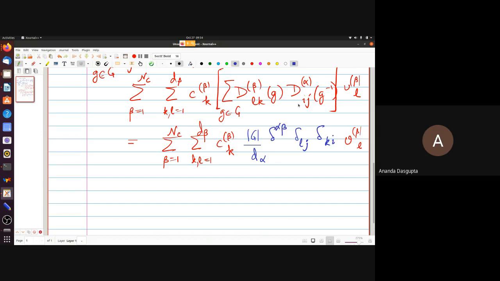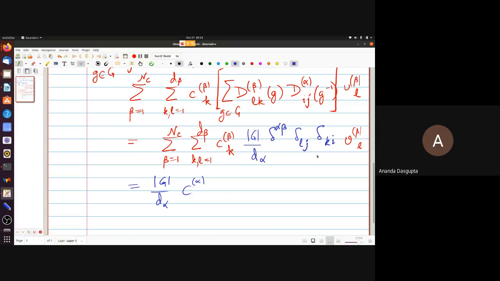Now, of course, now that we have lots of deltas, it's easy to do the sum over beta, sum over K, sum over L. All these sums go away, right? So what you are going to get is C alpha.